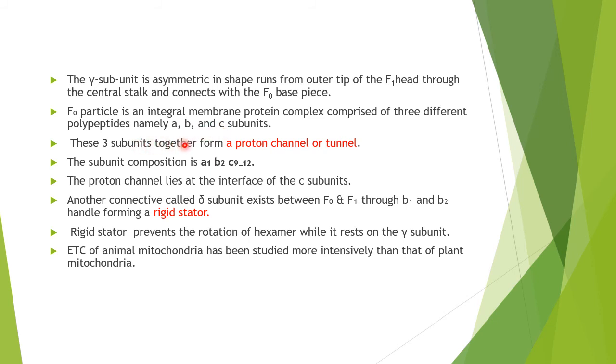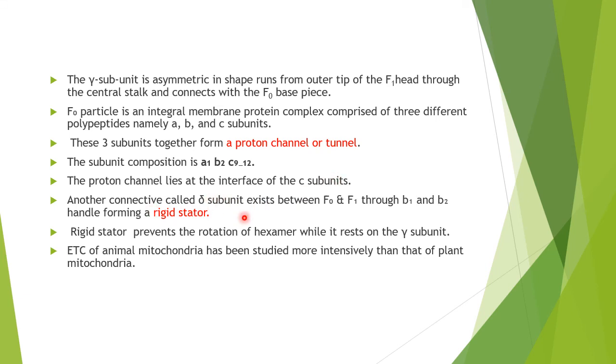These 3 subunits together form a protein channel or a tunnel. The subunit composition is A1, B2, because there is B1, B2 as a stalk, and C can be from 9 to 12 segments. The proton channel lies at the interface of the C subunits.